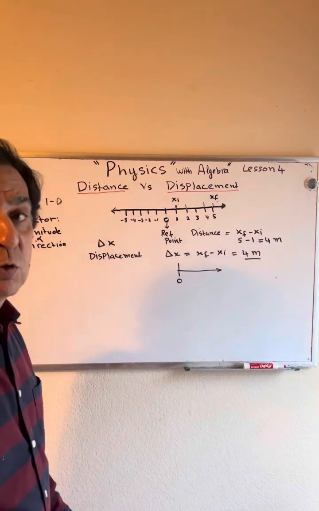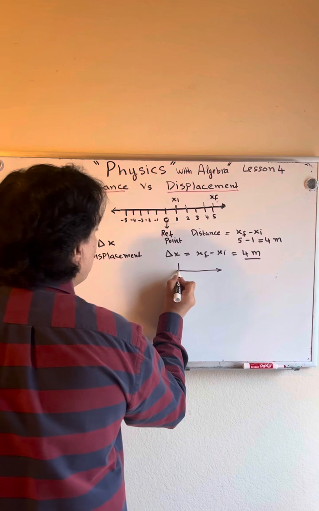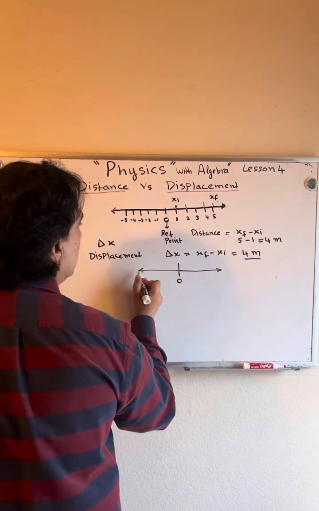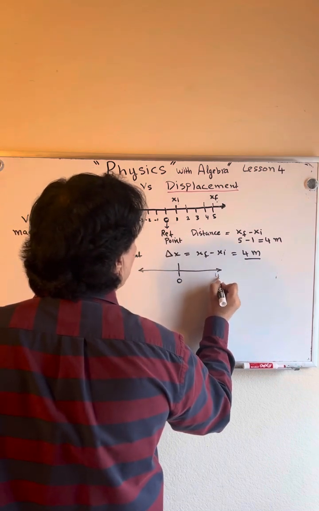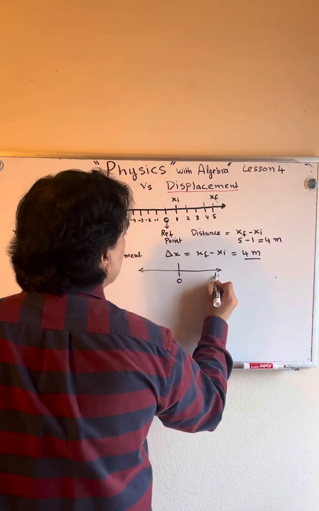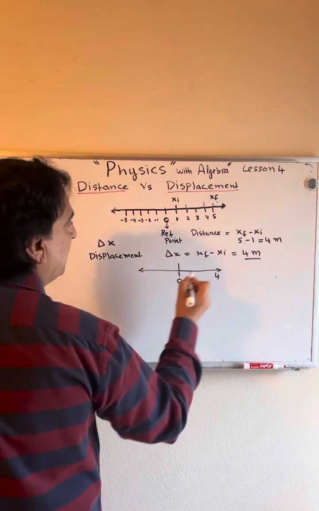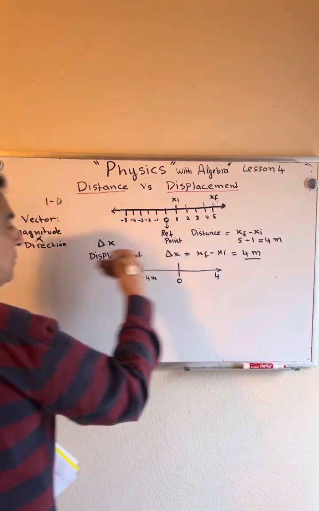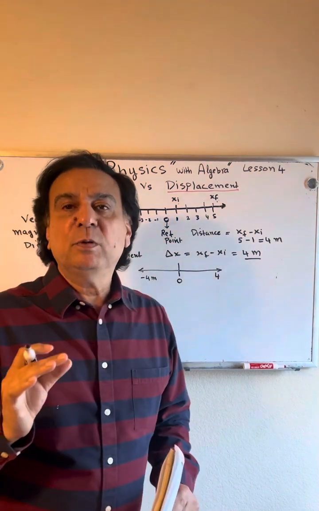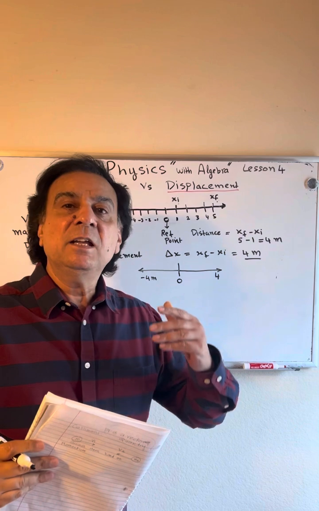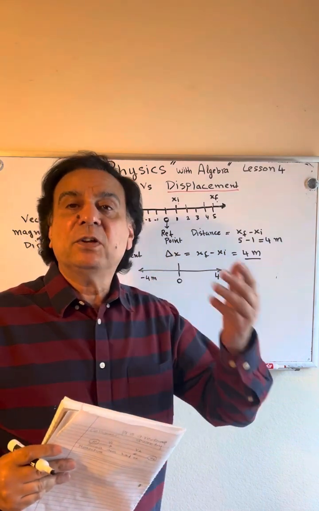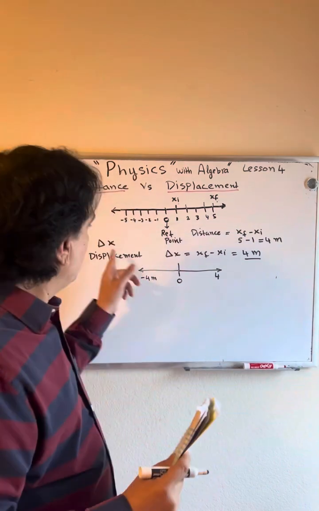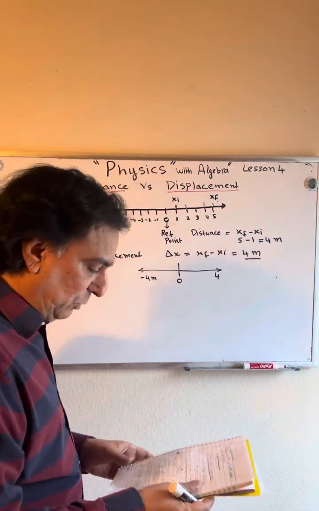If my delta x was minus 4, then I would say that instead of going right, I'm going toward the left, 4 units or 4 meters left. When the delta is positive I'm going right, and when the delta is negative, that means I am going in the opposite direction. So that's what displacement is. It has a magnitude as well as direction. Distance traveled has a magnitude but no direction. Displacement has both. So keep that in mind.